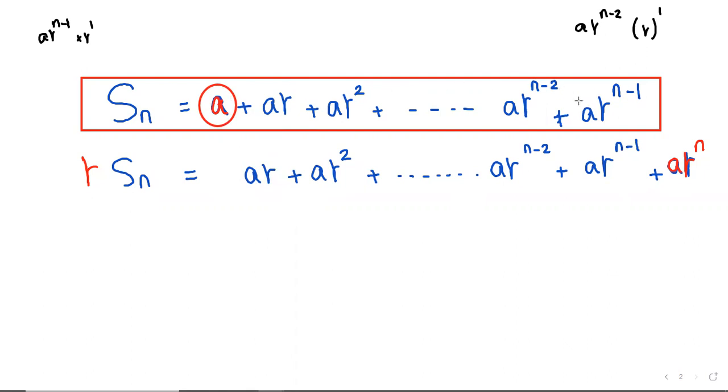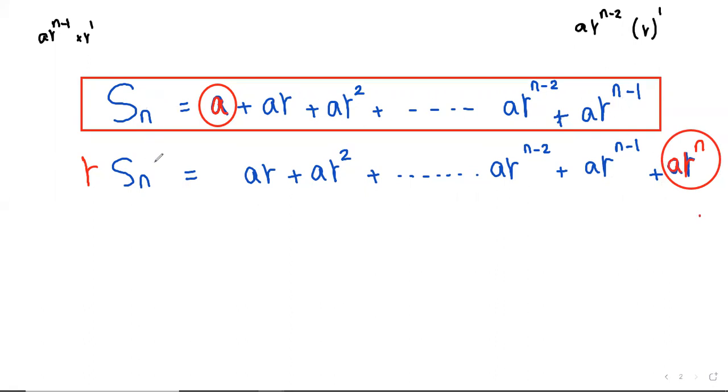And when reaching the last term, here it is ar to the power of n minus 1, and the last term here is ar to the power of n. So a, the first term, exists in Sn and doesn't exist in equation 2. And ar to the power of n exists in the second equation and doesn't exist in the first equation.